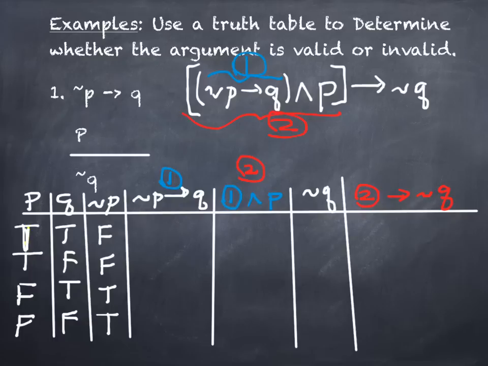But the third line, fourth column rather, that I've called number 1 in blue, I have to do some work. I have to start with P, tilde P, and I've got to go backwards and look at Q. Right? So, I start with a false statement, and I end up with a true statement. Is that true or false?